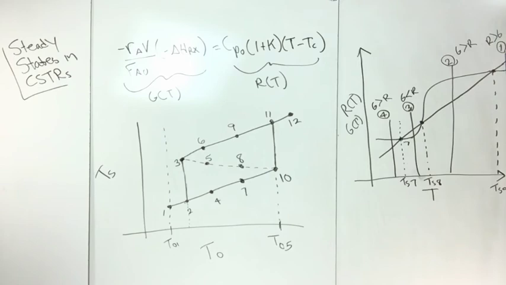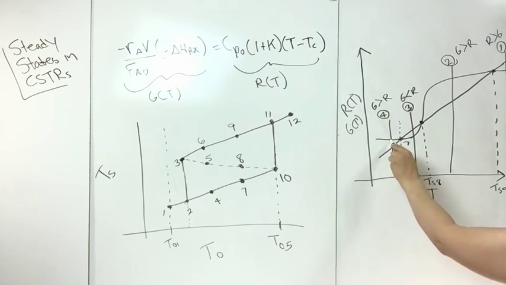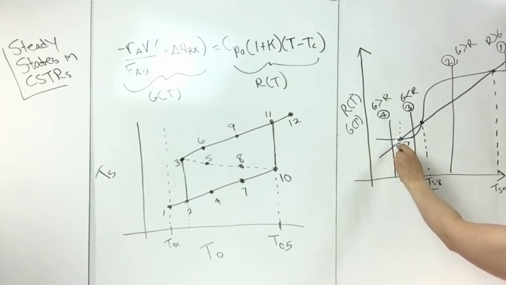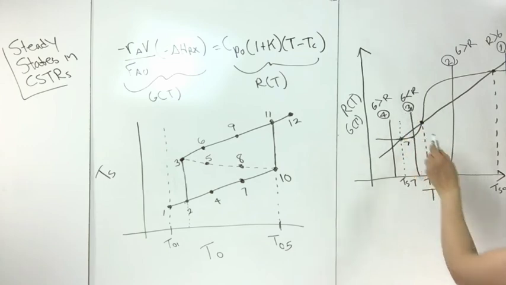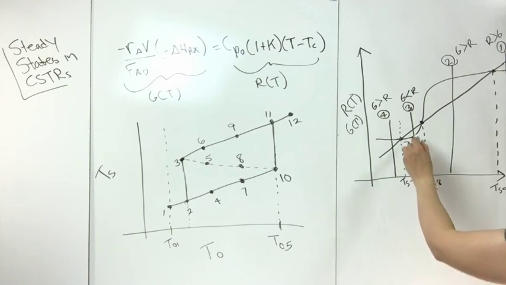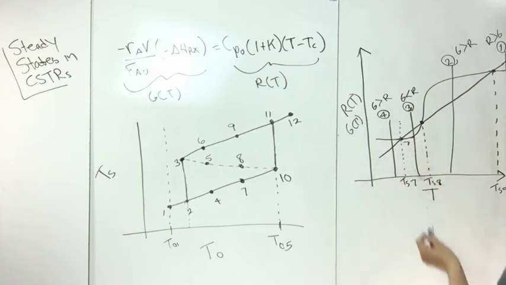Whereas looking at one of these other states, like say 7, if you slightly decrease the temperature, then the heat generating curve is greater than the heat removing, so the temperature will increase back to 7. And the same thing if you increase the temperature, the heat removed from the reactor is greater than the heat generated, so it'll decrease back to 7.